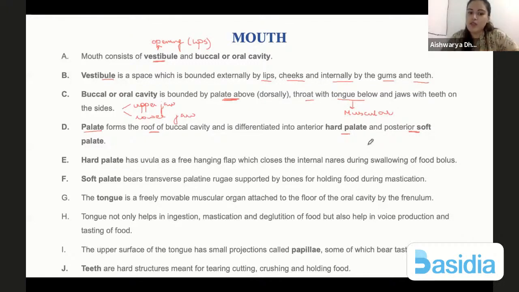What happens is, when you swallow, and when we talk about the food pipe I'll explain a little further, the windpipe is covered. As soon as you swallow, the uvula will rise up, the windpipe will close, and automatically the food will go into the food pipe.